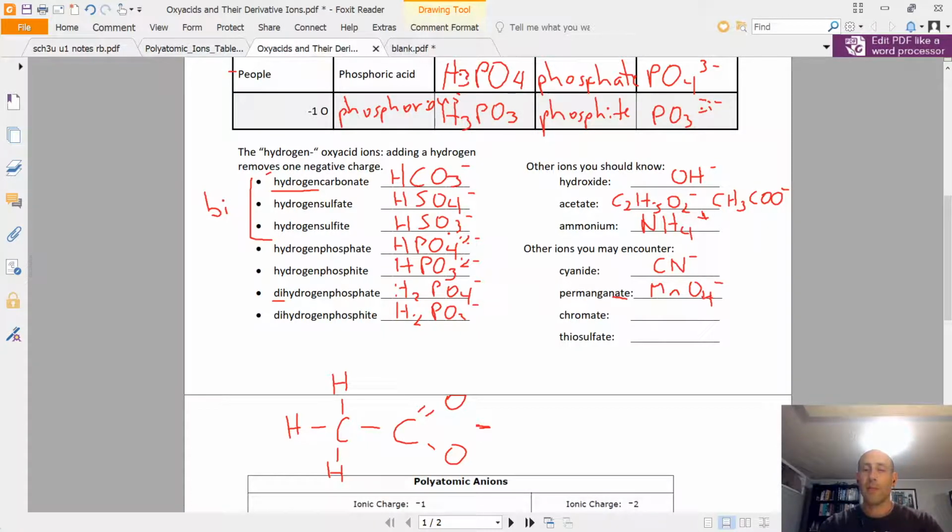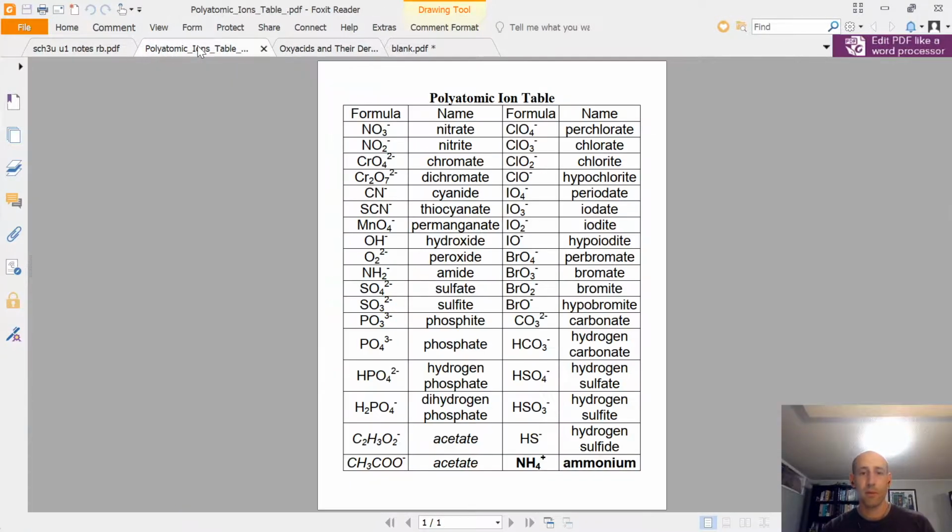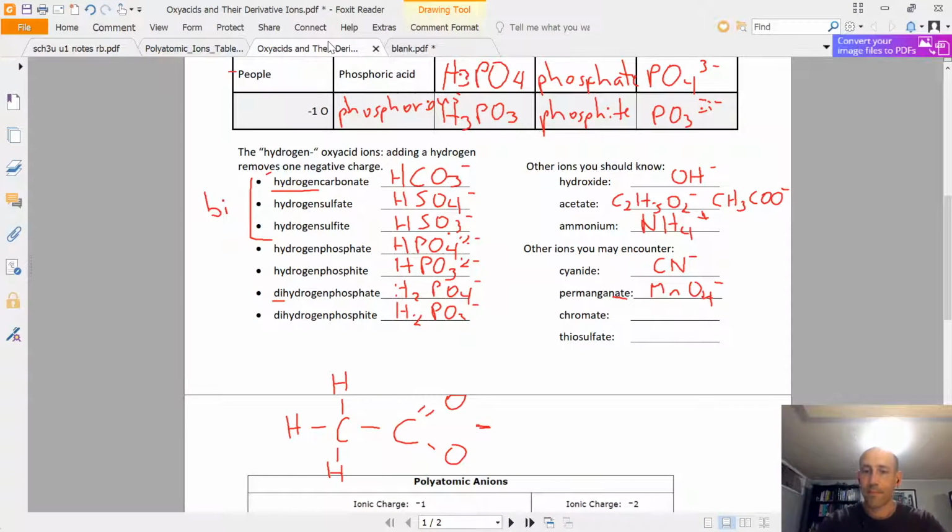The chromate and the thiosulfate, I encounter them so little that I should look them up myself, but I believe they're going to be here. Let's find them. Are they in there? Chromate. There's a chromate and a dichromate. CrO4, 2 minus. And the thiosulfate.